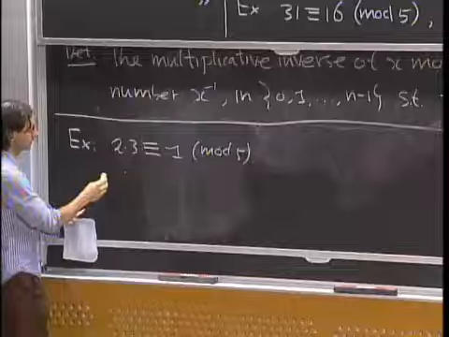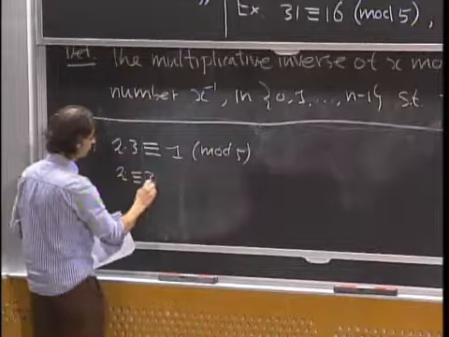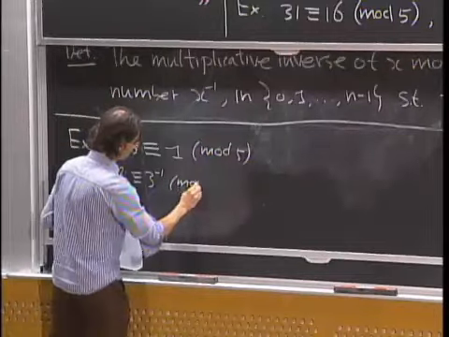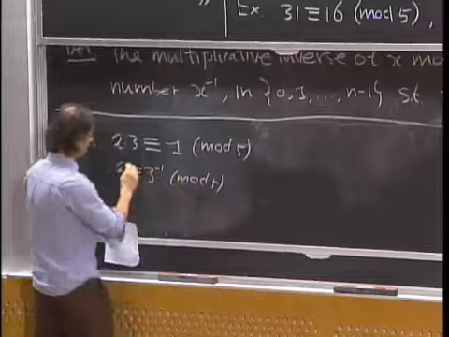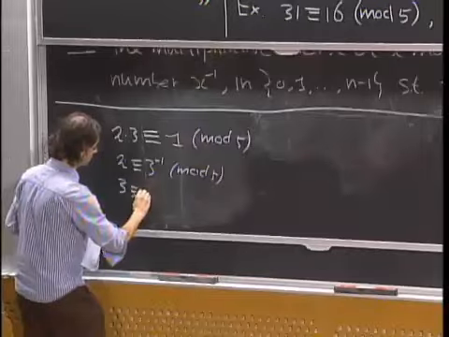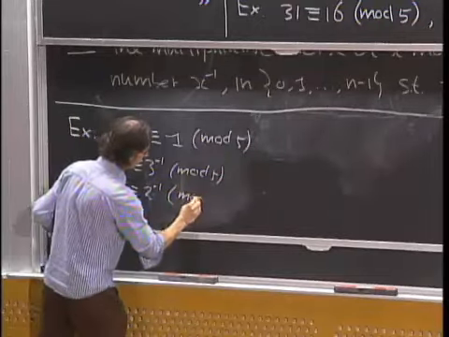So what does this mean? Well, we can say that 2 is actually equal to the multiplicative inverse of 3 modulo 5. We can also say that 3 is the multiplicative inverse of 2 modulo 5.